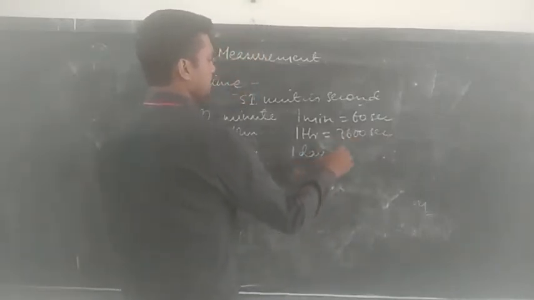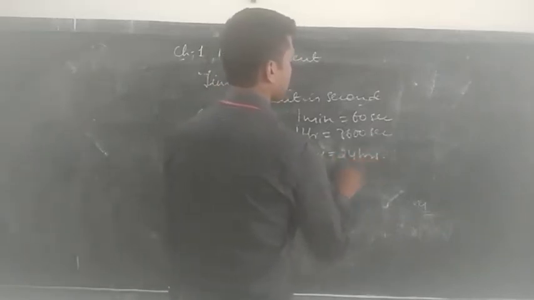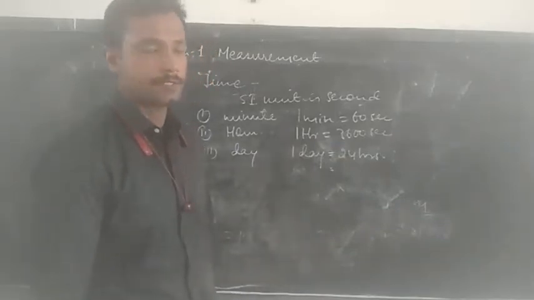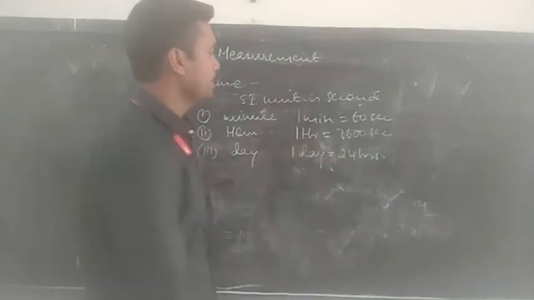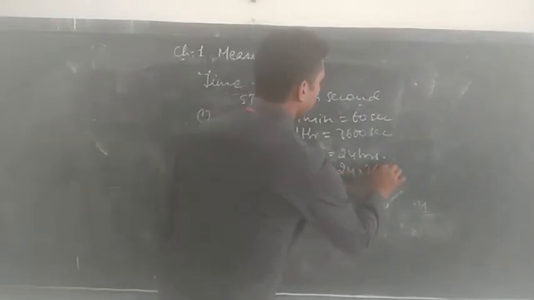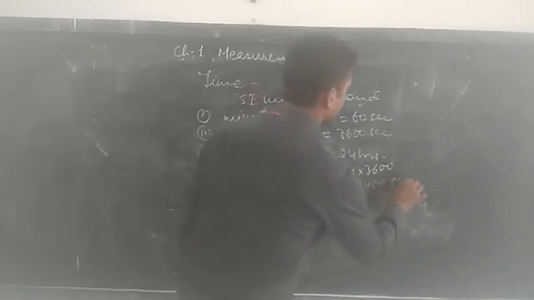First convert this day into hours. That is, 1 day is 24 hours. And if 1 hour makes 3600 seconds, we can say 1 day will be 24 into 3600, which is 86,400 seconds.